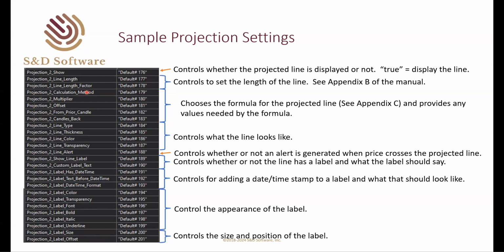And again, we'll go look at those in the manual here in a few minutes. And some of the formulas require some inputs, a multiplier and an offset. For the formulas that do, they'll tell you what values to put in for the multiplier and the offset here.